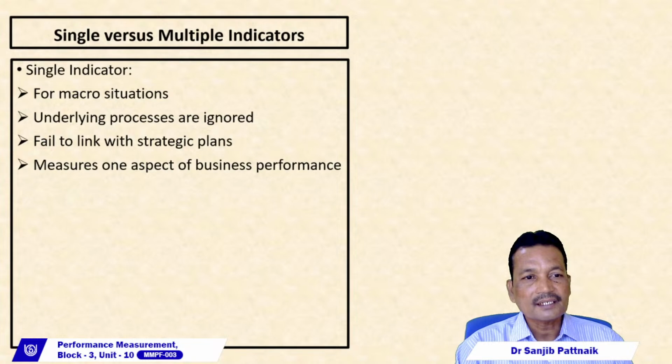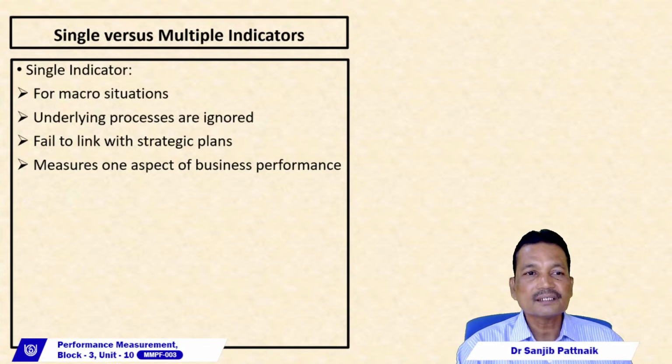When we say organization as a whole, that means it is an overall situation or macro situation. If it is a multiple indicator scenario, we say it is a micro situation, or it boils down to each activity having its own indicator.